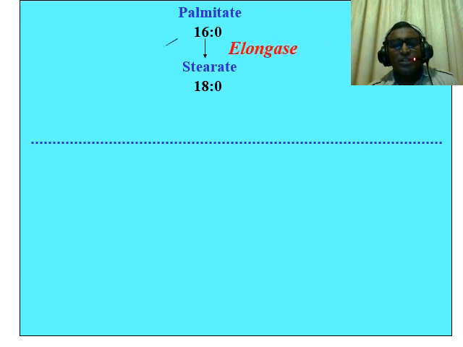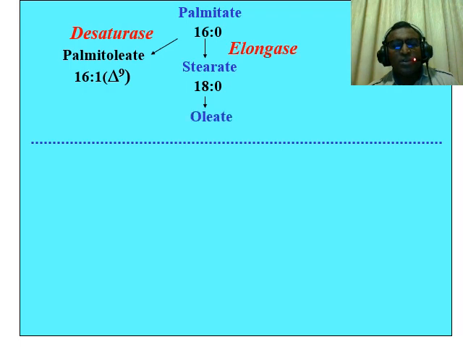Apart from elongation, it is also possible to add a double bond by using desaturase, and that's done in the smooth endoplasmic reticulum membrane with the help of desaturase. For this, the desaturase at position 9 is required, and that's found in mammals, no problem. Even the formation of oleate can be done by mammal cells because there is the desaturase 9.